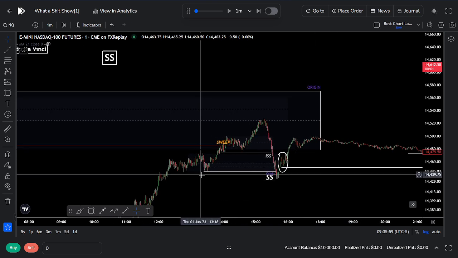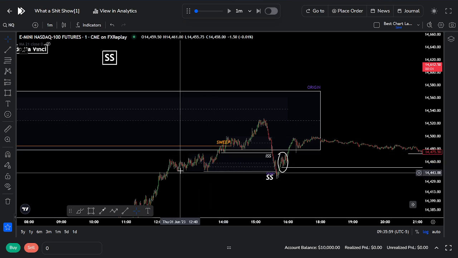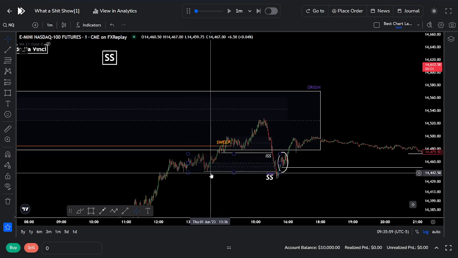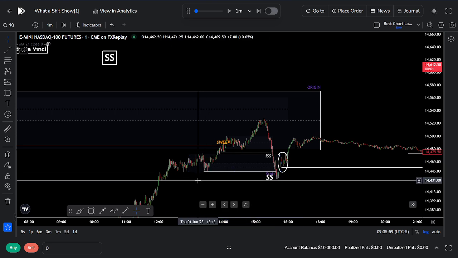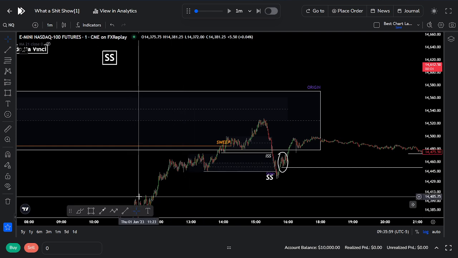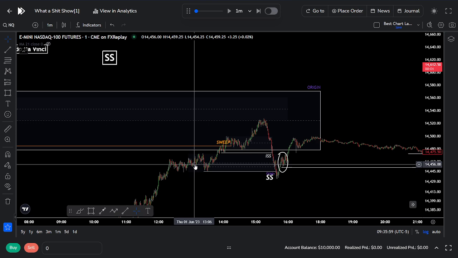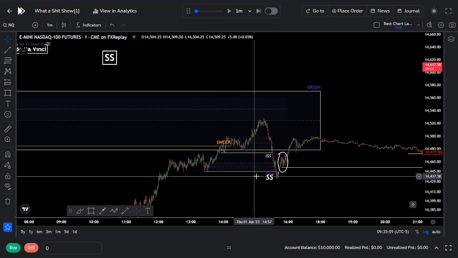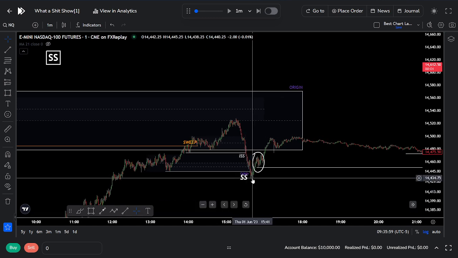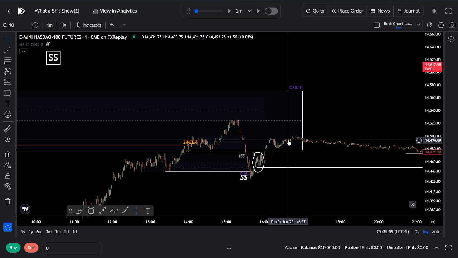And since we just definitively understood that this isn't a 15-minute area, that this is actually a 5-minute area, what do we have here within the 5-minute area inside of the 1-minute order flow? We have a 15-second SS, and we gravitate towards this SS for the greater move above.